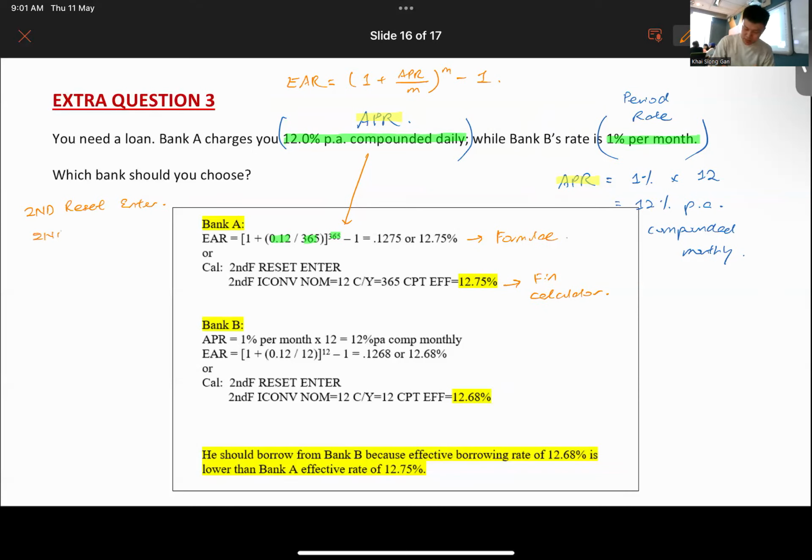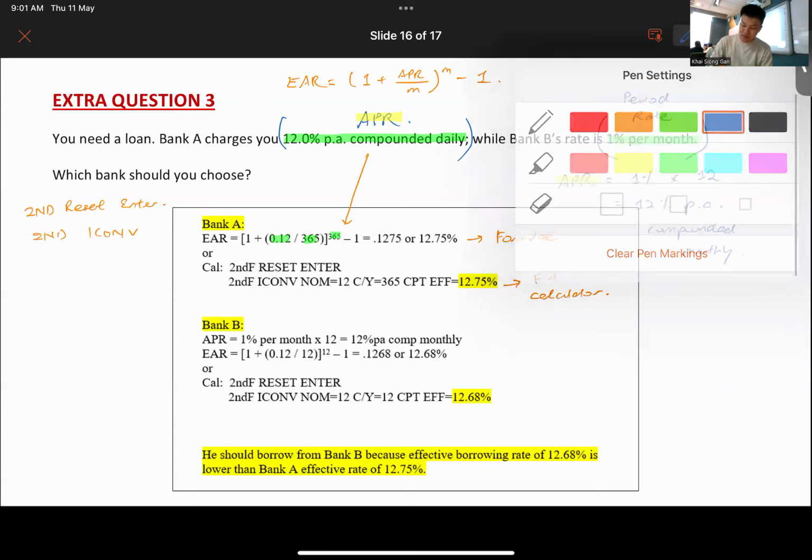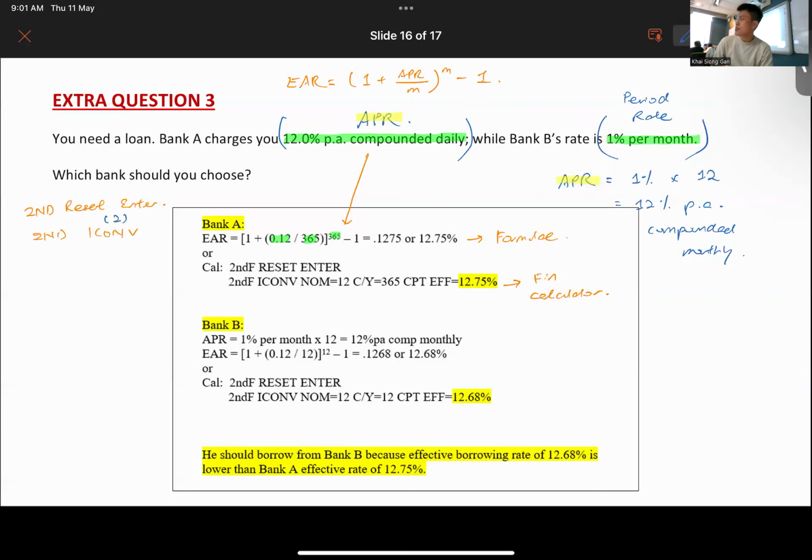Where is icon here? Icon is the digit number 2 on your calculator. When you press second icon, what do you get? The calculator will ask you what your nominal rate is. NOM is your nominal rate.